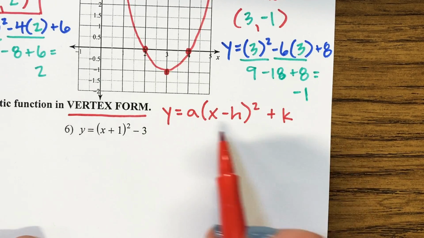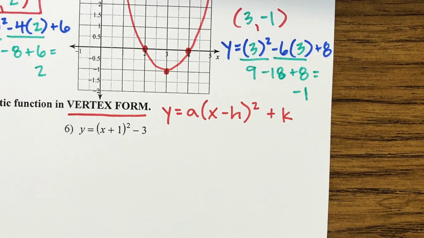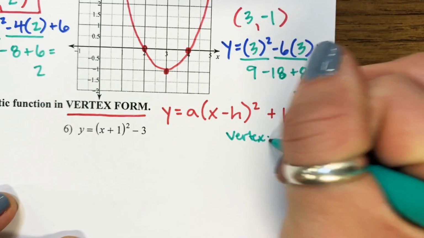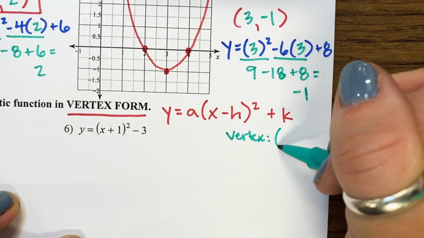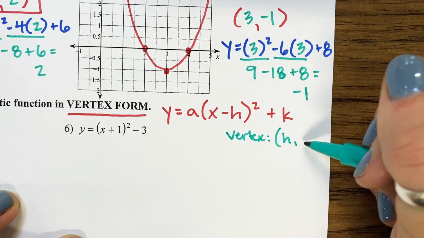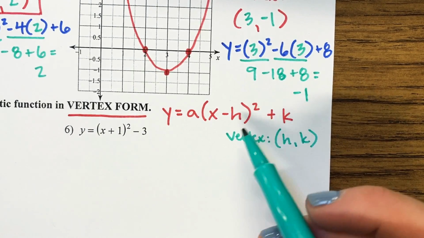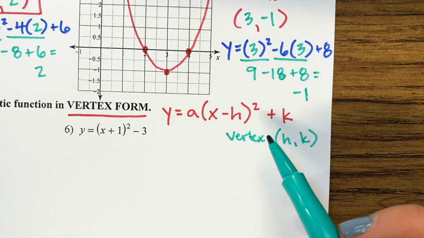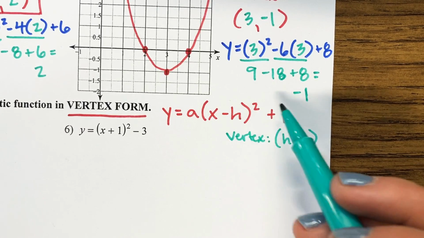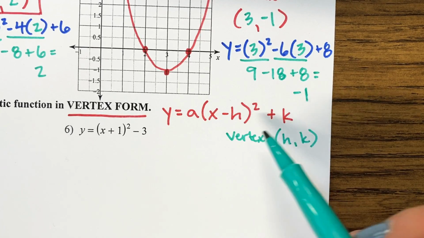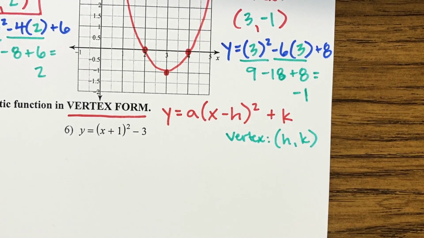So that is our vertex form. Okay, well, vertex form is really awesome because it actually tells us our vertex. Our vertex in vertex form is h, comma, k. So whenever you see these, the h's and the k's will be filled with numbers. They won't be h and k anymore. Same with a.